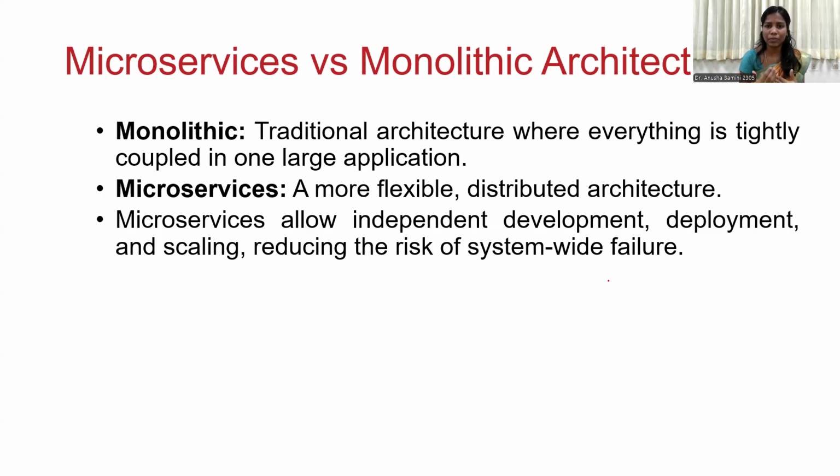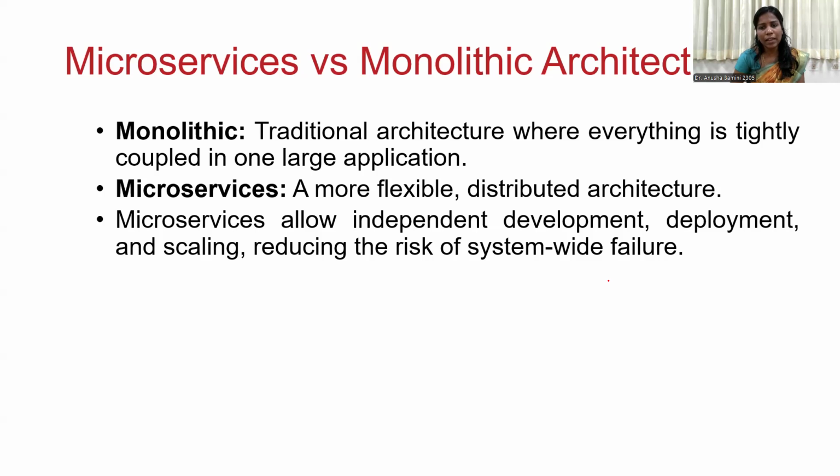The advantage of microservices is that if there is an error in one part of the service, it won't affect the remaining services. Also, if you want to add additional code or fetch any new service, it can be easily added to the microservice concept. It's a distributed architecture, independent of each other.